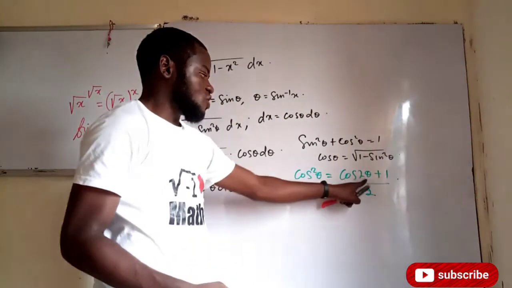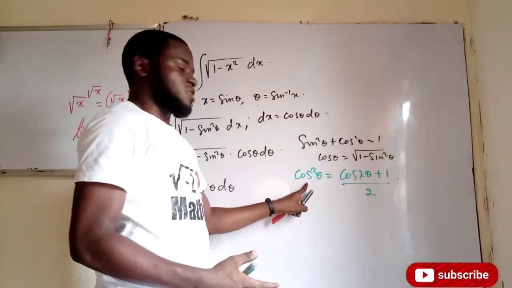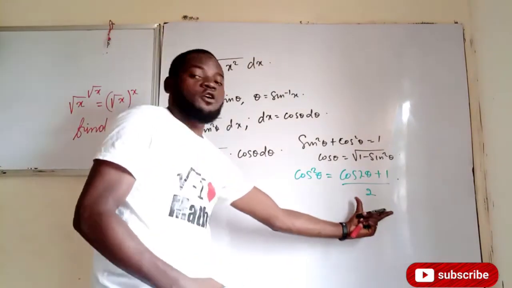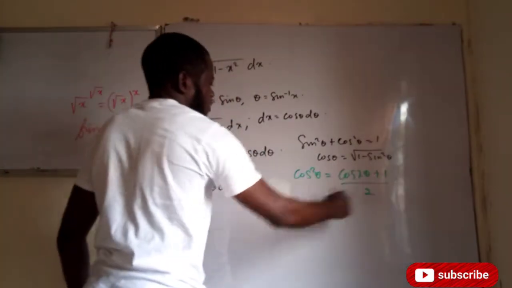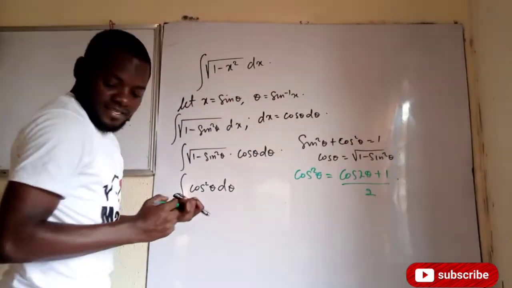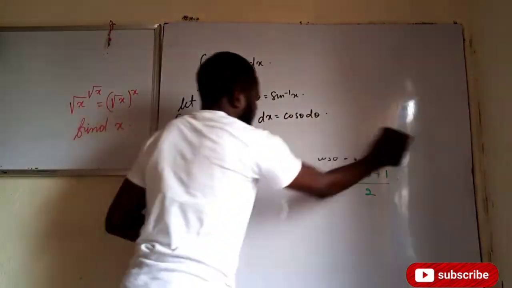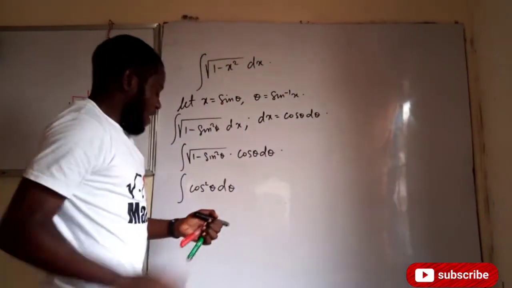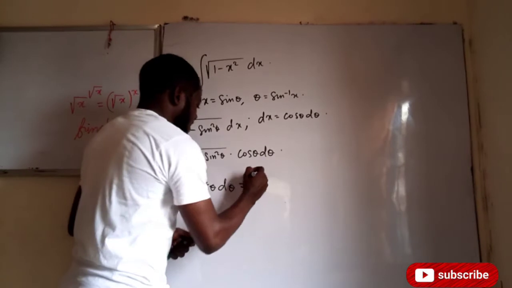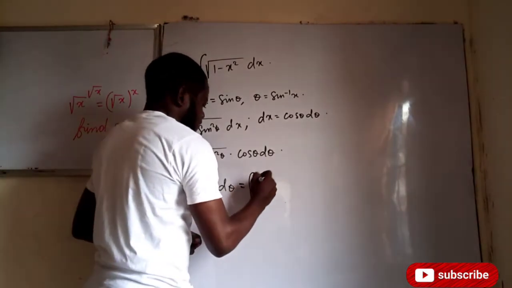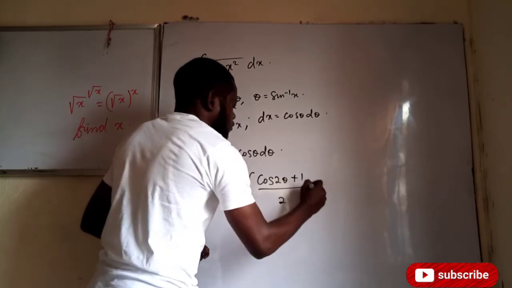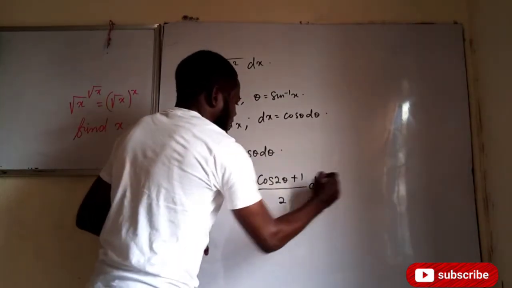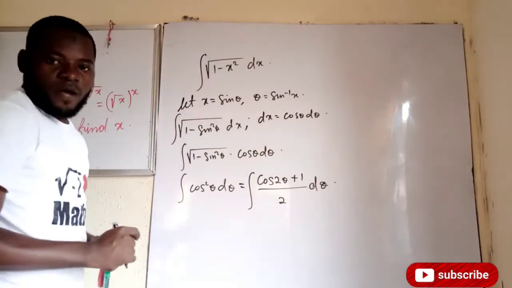If you expand cos 2 theta, then make cos squared theta the subject of the formula, you end up with this. So I will replace cos squared theta with this, and I will have the integral of cos 2 theta plus 1 divided by 2 d theta. I believe we are making sense.